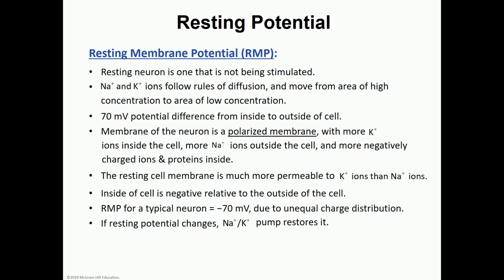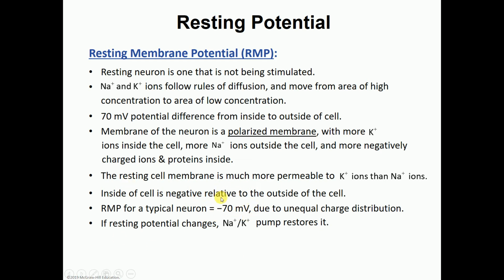Now, what is the resting membrane potential? That is pretty much what we have been talking about so far. It is the potential across the cell membrane at rest, where again, mainly potassium is on the inside, sodium is on the outside. The inside of the cell is negatively charged, and to be exact, it is at negative 70 millivolts.